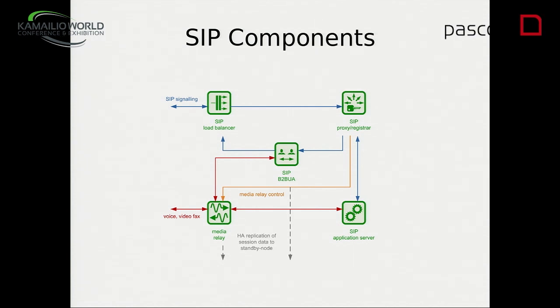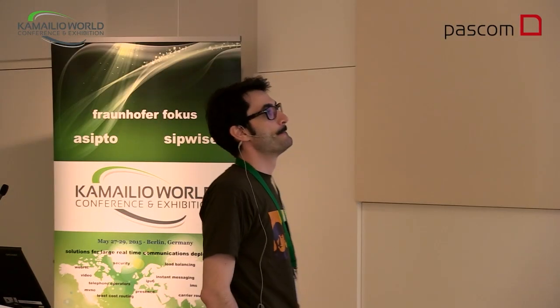Inside the server, we have two instances of Kamailio. One is called load balancer, and one is called proxy, which acts as proxy and registrar server.